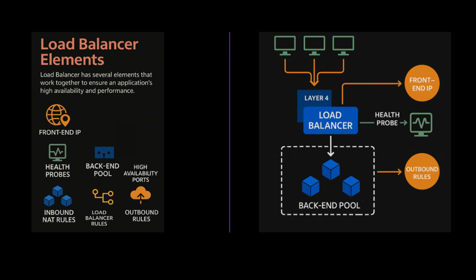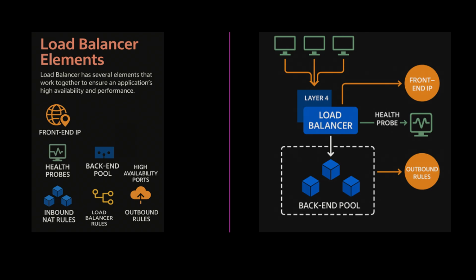That's where load balancing rules come in. These rules act like smart traffic directors, determining how incoming traffic is mapped from a front-end IP and port to a backend pool. They use what's called a 5-tuple hash: source IP, source port, destination IP, destination port, and protocol, TCP or UDP, to evenly and reliably spread out requests.